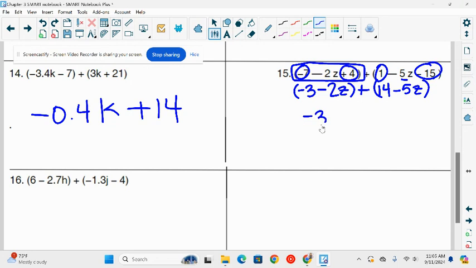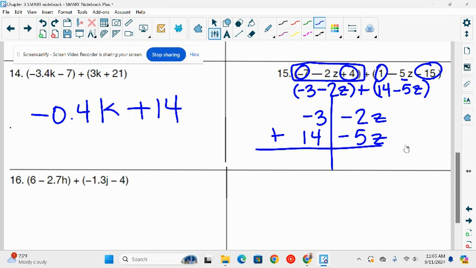So I've got negative 3 minus 2z plus 14 minus 5z. I got 11 minus 7z. Is that what you got? Okay.